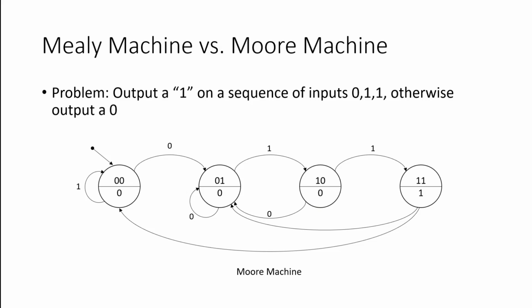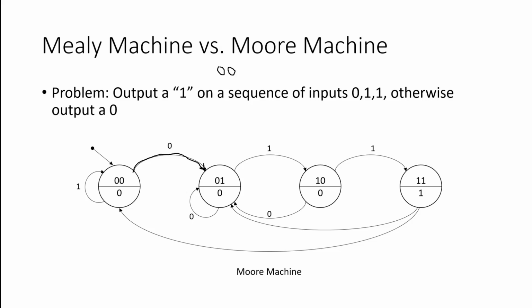What that means is, my sequence of inputs: if I receive a 0, I'm transitioning from this first state to the second state. If I receive a 0 again, do I want to move forward to the next state? No. I'm just going to wait in this state here until I get a 1.